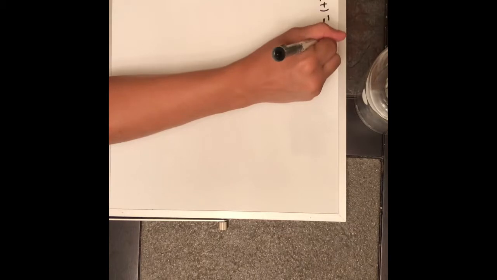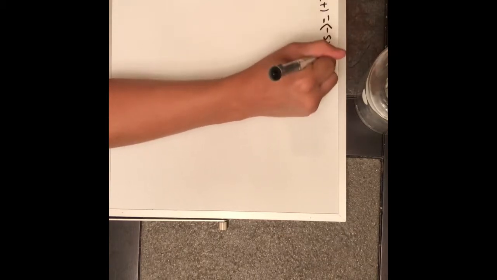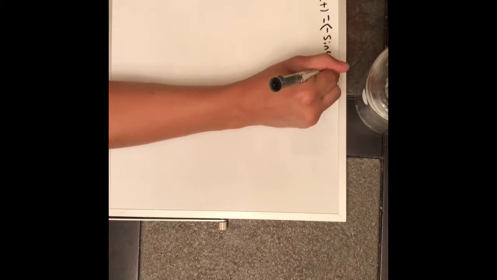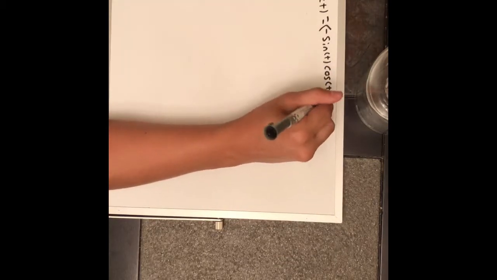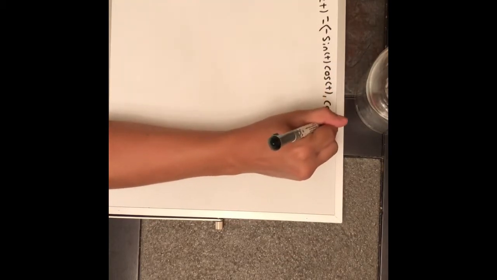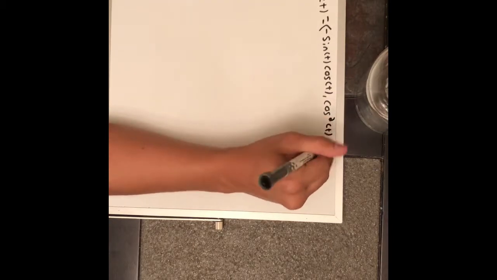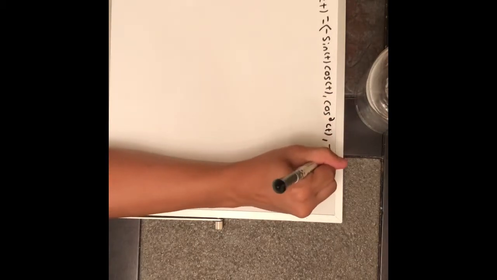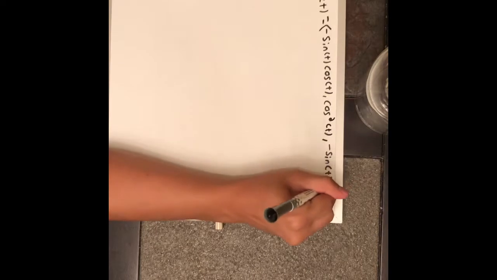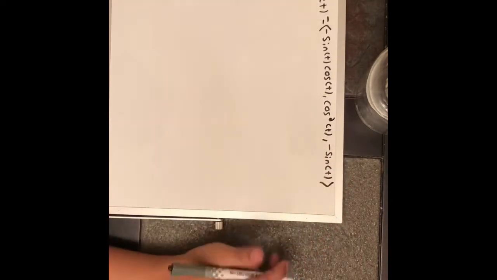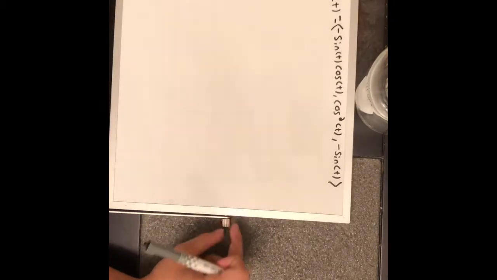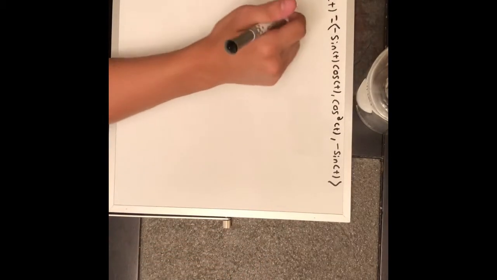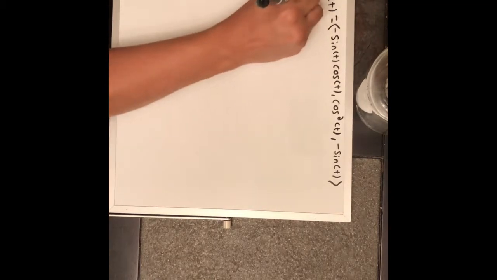That was negative sine t, cosine squared t, and negative sine t. So let's find the normal vector from this. First we have to find the derivative of the unit tangent vector. So let's find that.